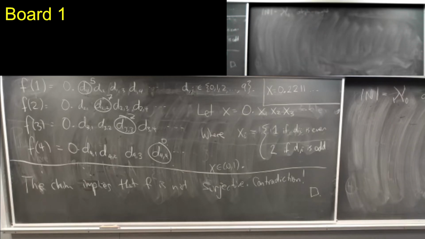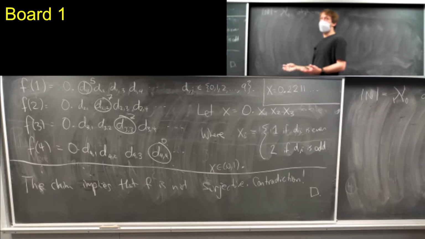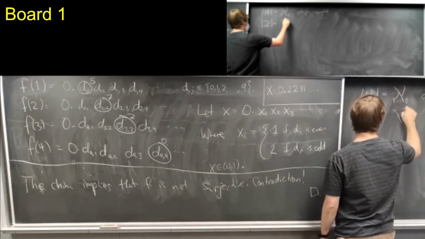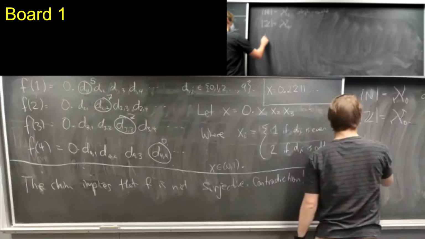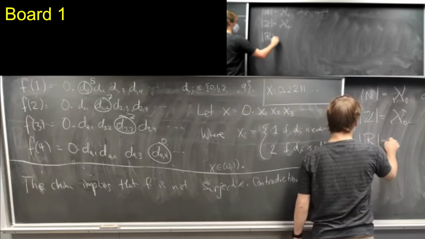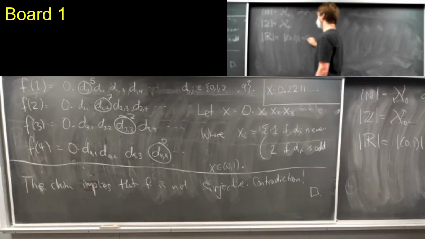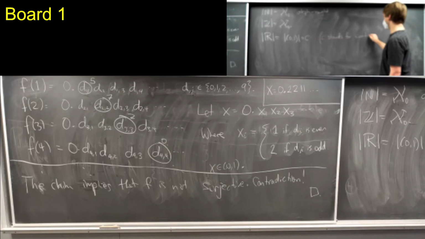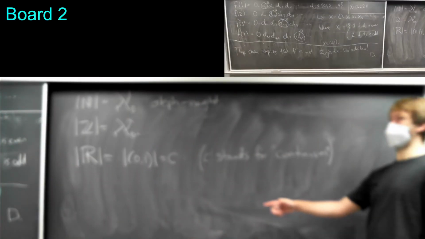If you see this symbol, what it means is the cardinality of the natural numbers, or the cardinality of any countable set. So for example, the cardinality of Z is aleph naught. Whereas the cardinality of the real numbers, or for example the cardinality of 0, 1, we write as C, where the C stands for continuum. It definitely doesn't stand for countable, because these sets are not countable.